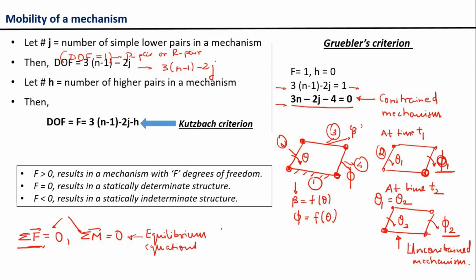So in this case, we generally need to invoke constitutive relationships that define the relationship between the forces acting on the links and their deformation, and at the same time, we also need to apply compatibility conditions in order to solve the structure.